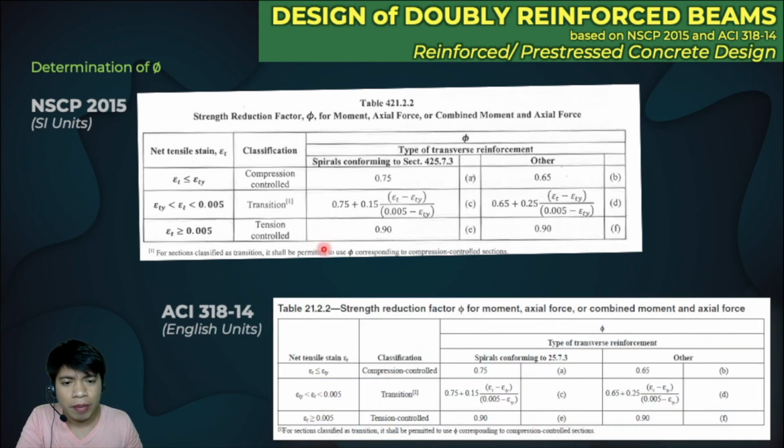So dito bali, kailangan natin i-classify muna yung ating beam, kung compression controlled siya, transition or tension controlled, and then we can get the value of phi based dito sa may part ng table na nandito. Okay, dito. Hindi dito guys, kasi dito is for transverse reinforcements na spiral. Okay, so dito tayo sa may other.